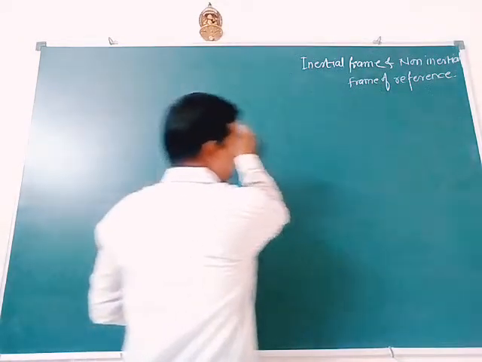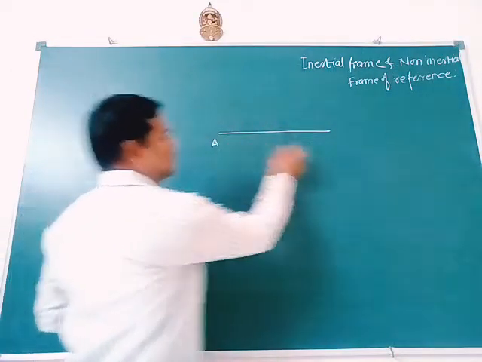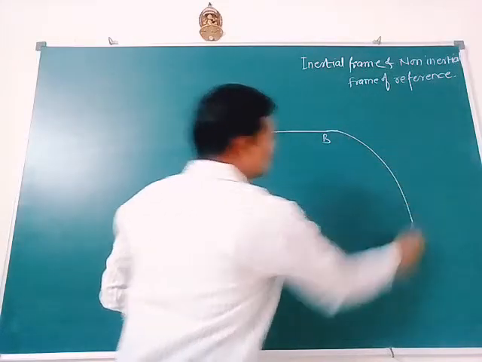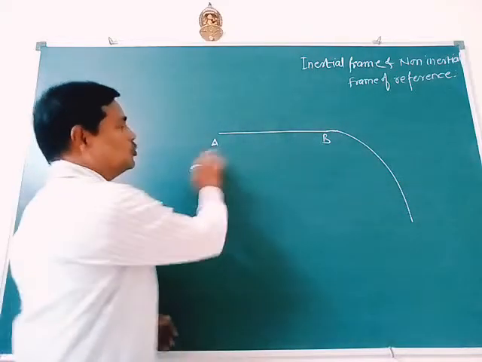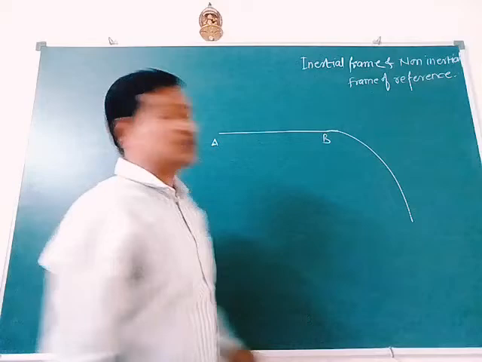So consider here a vehicle which is moving along the straight line path AB, and after point B it moves along the circular path. Up to point B it is straight, beyond point B it moves along the circular path.